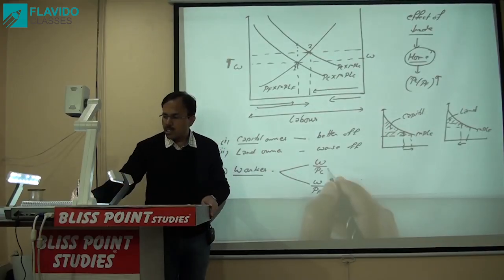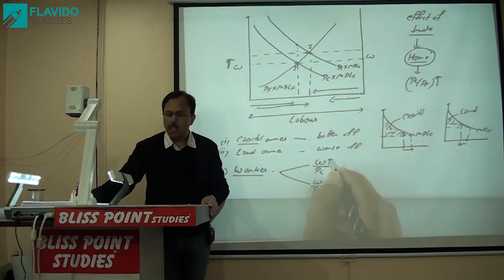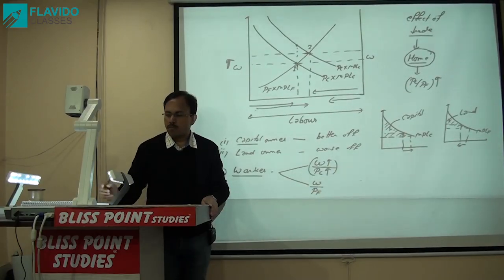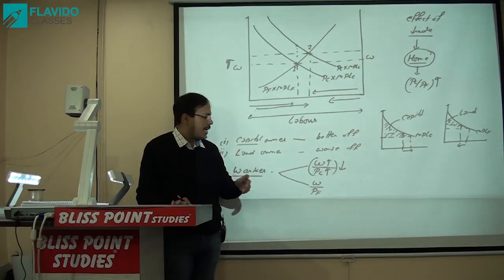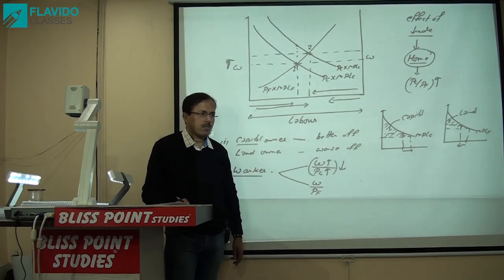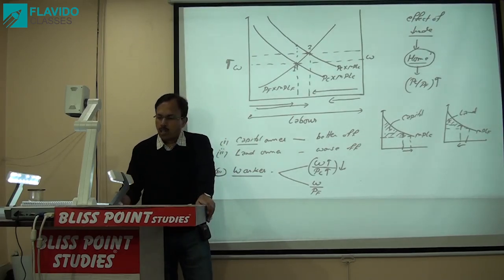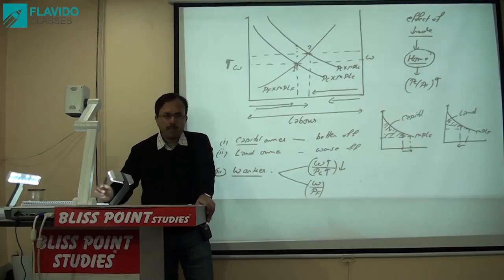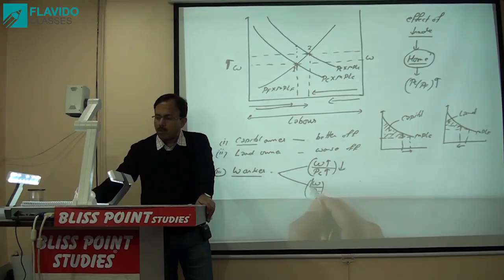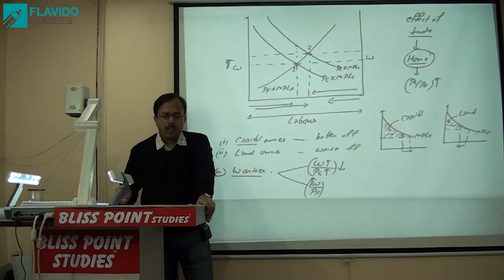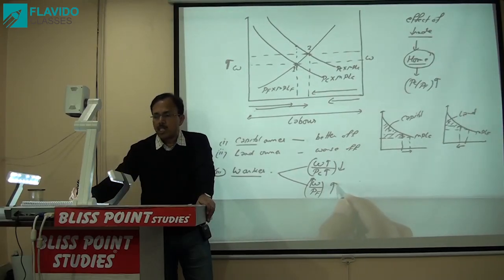Wage has increased but by less than 10%. Price of cloth was increasing by 10%. So his real wage in terms of cloth has reduced. And what is W upon PF? Wage has gone up, but price of food is the same. So his real wage in terms of food has increased.